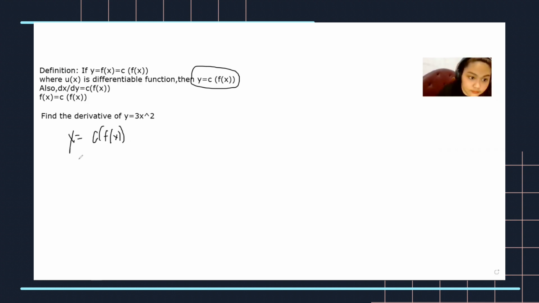And then 3 multiplied by this one, we will apply the power rule if you remember that one. x, 2 minus 1, and 3 times 2 is equal to 6. 2 minus 1 is 1, or you can put 1 there or not.